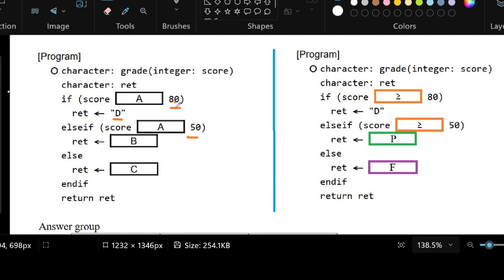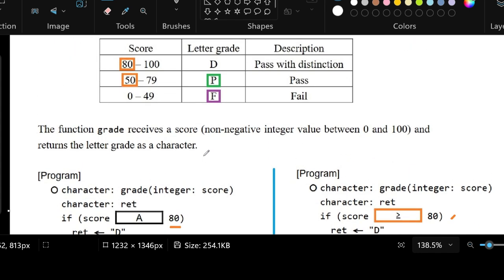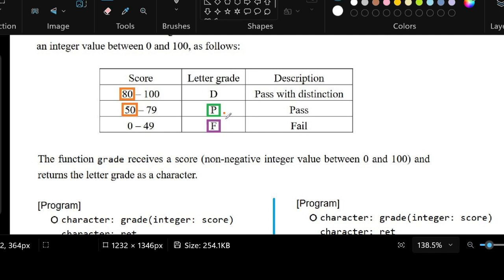Therefore, 80 is included. So the correct answer for blank A is greater than or equal to 80. In the same way, if we look at the score, for example, 50, and based on the table, we get a P, a pass, if the score is 50 to 79.